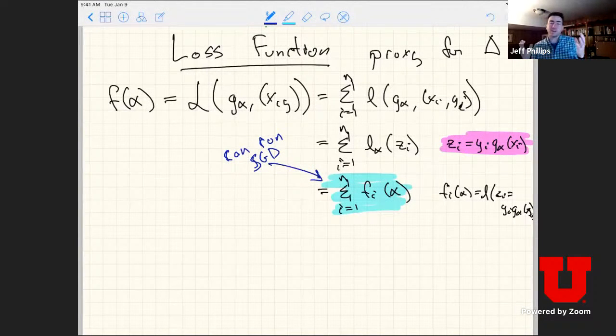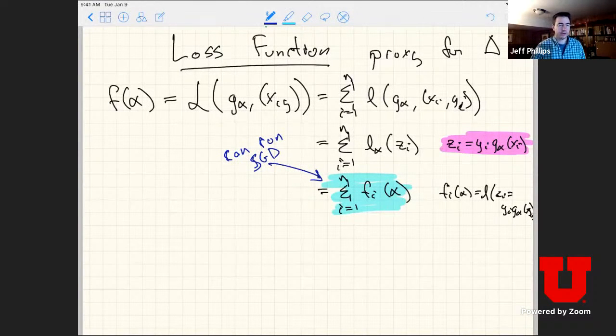It's a sum of these decomposable terms, a function of alpha, and the terms for xi and yi go into the definition of fi. It's going to have all these little cost functions, and I'm going to add them up. Each one might not be full rank, but the combination of all of them is going to be full rank, kind of similar to the case of regression.